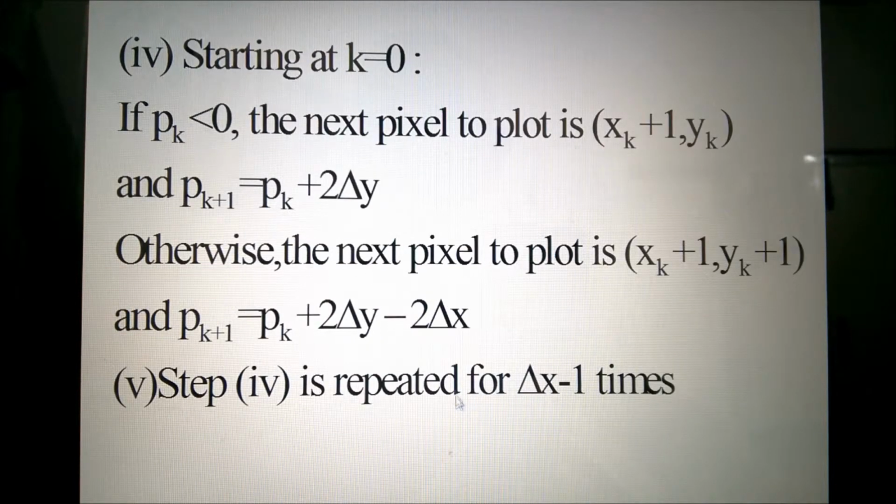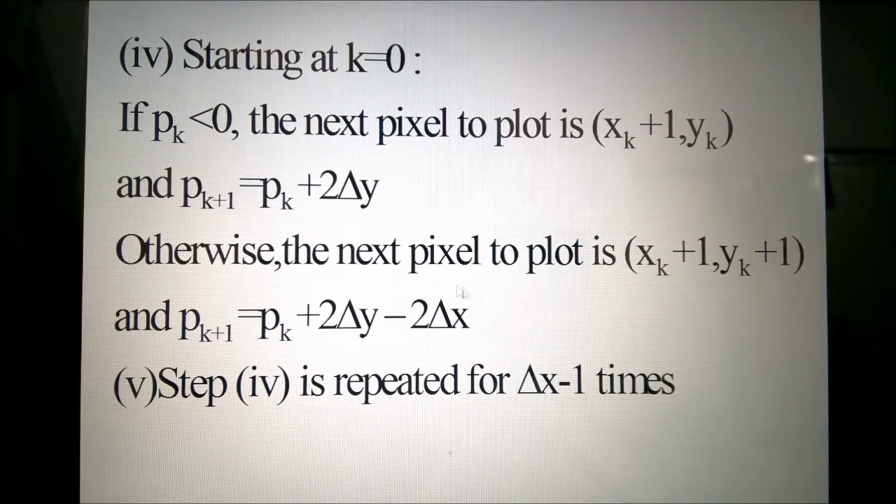After that, if pk is found to be less than 0, then for the next pixel x will be incremented by 1, compulsorily, but y will not change. y will remain the same as the previous pixel, and the decision parameter will be pk plus 2 delta y.